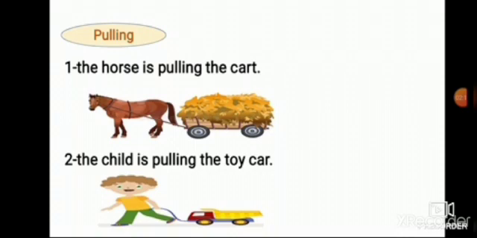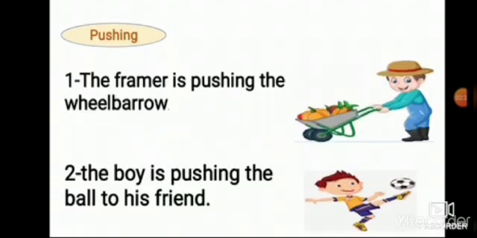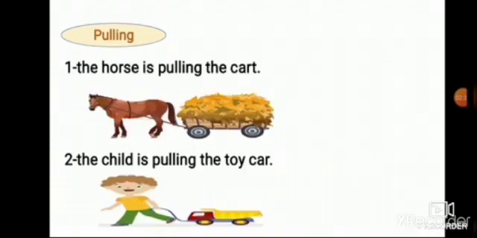And this boy is doing what? He has a rope and he is pulling the car because the car moves towards the boy. So when the object moves far away from you, it's called push. And when the object moves towards you, it's called pull.